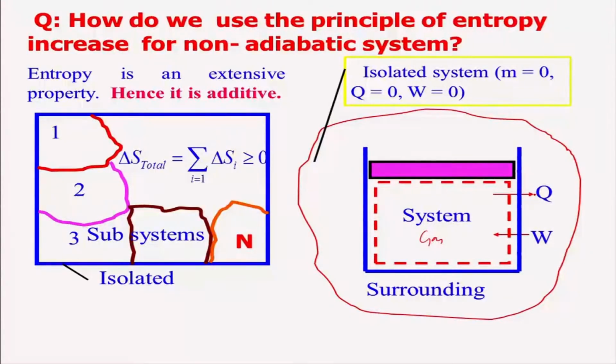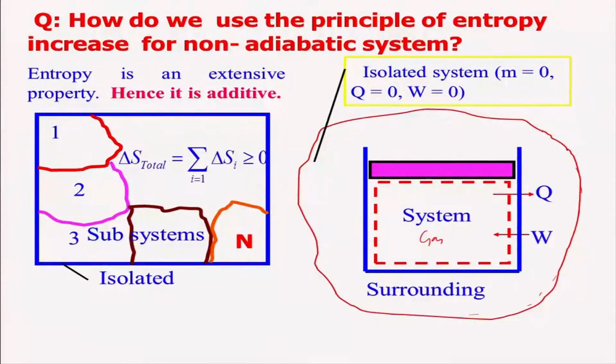So we will take this as the surrounding, and putting them together, this is an isolated system. That means if I consider this as my system boundary, then Q is equal to 0 and W is equal to 0, but the system is embedded inside the surrounding. I am taking both the system and surrounding as an isolated system, and if you do that, then you can easily calculate the entropy change.